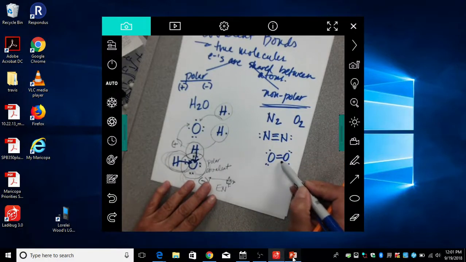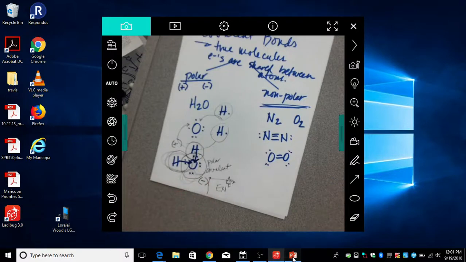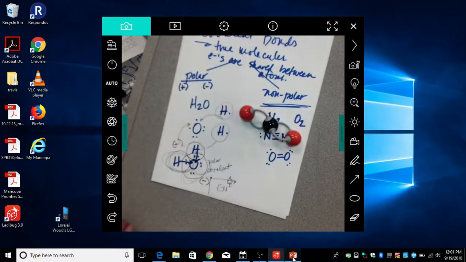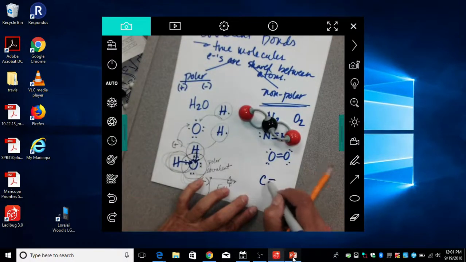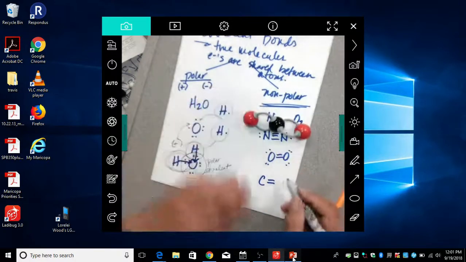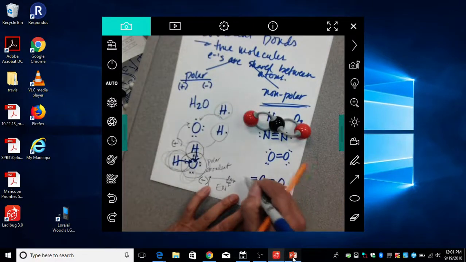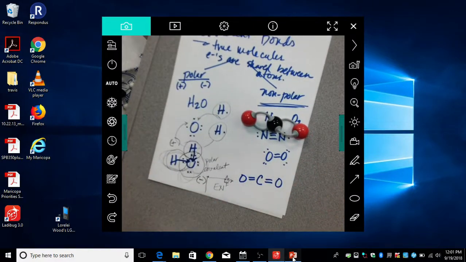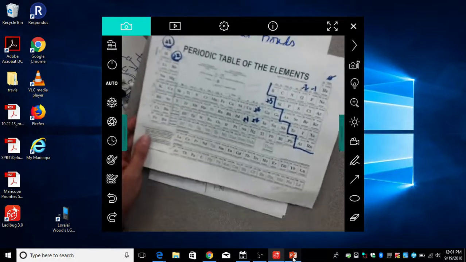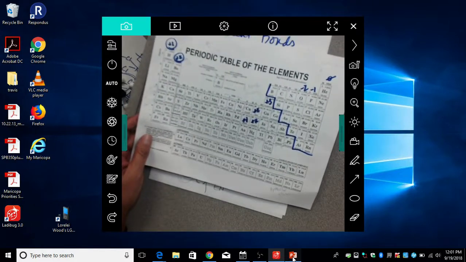Here they're sharing 4. You can also get a nonpolar covalent molecule if it's symmetrical and has uneven sharing bonds. The best example I can give you is CO2. Carbon, you see I made a double bond here in the model to oxygen, double bond to oxygen. Now if we look at the periodic table, who's going to be more electronegative, carbon or oxygen? Oxygen is going to be more electronegative, right?